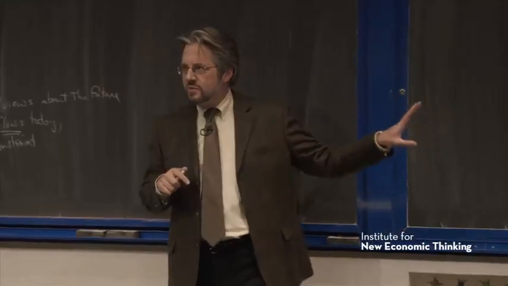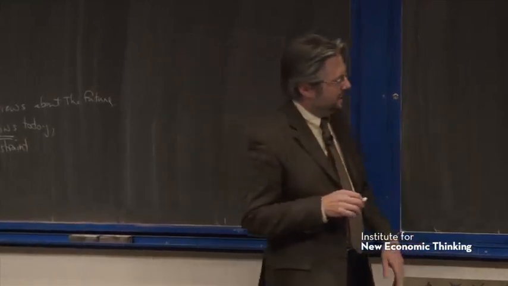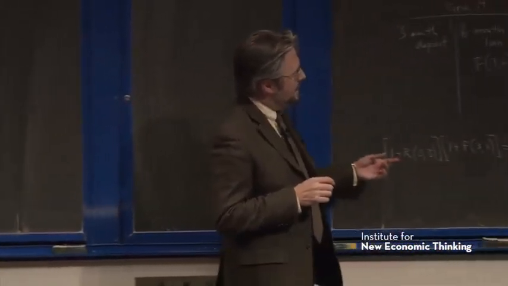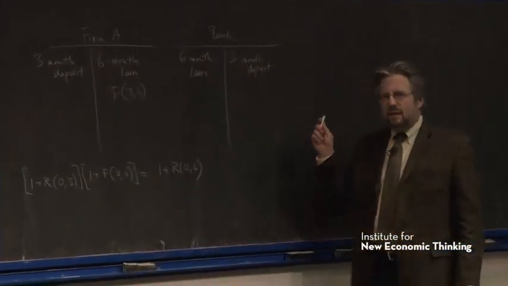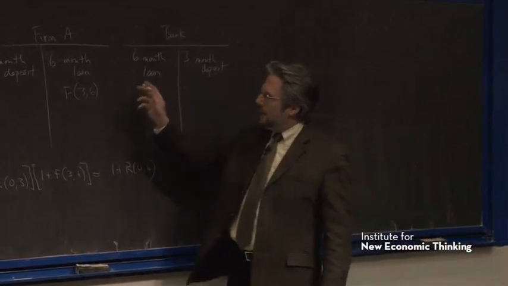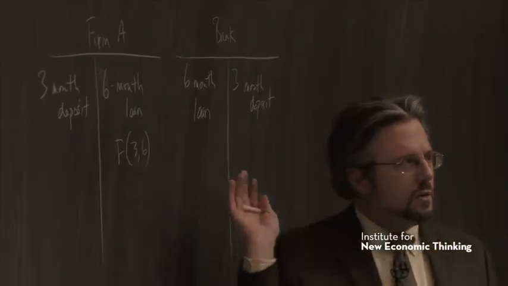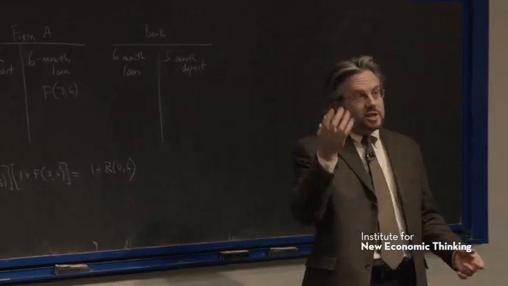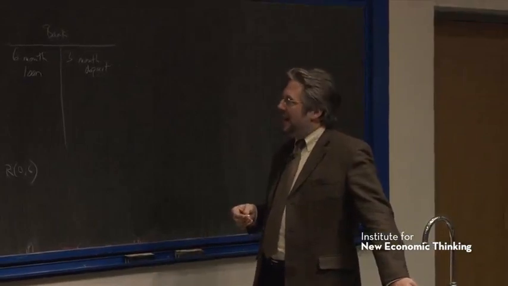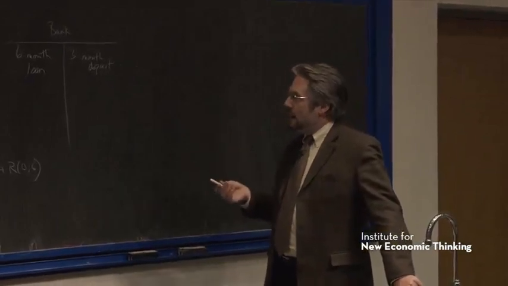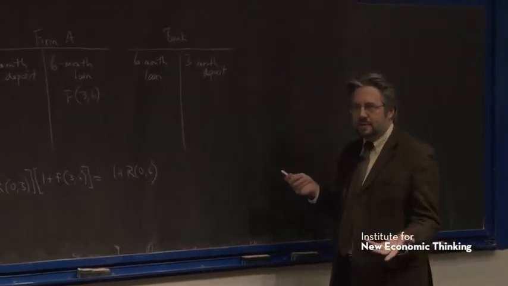Okay, this is just review and reminder so that we firm in our minds what we're talking about when we talk about a forward contract. Now, when the bank makes this agreement, the bank is agreeing basically to lend to this firm at this rate 3 months from now. So the bank now has a problem, okay, which is where am I going to get the money? Okay, and it could possibly hedge this, okay, by finding somebody else who wants exactly the opposite, okay?